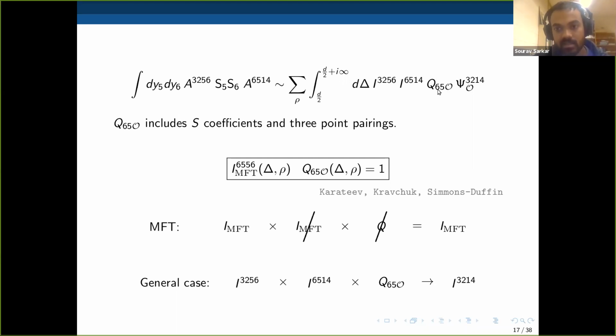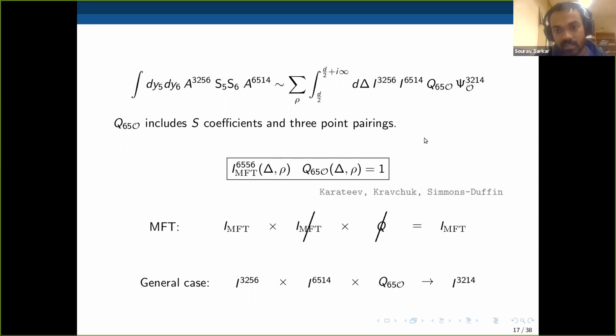We package that and call that Q, and we have a partial wave. We don't need to see what Q looks like here, but an important property of Q is that it's the inverse of the mean field theory spectral function, which was derived in this paper. And this is the main property that simplifies this integral here.